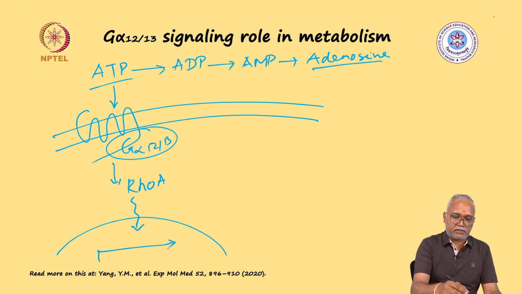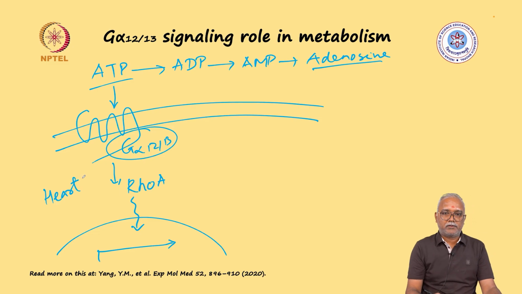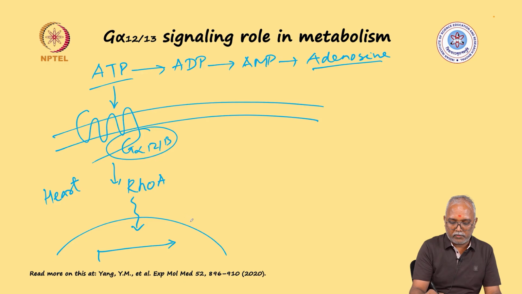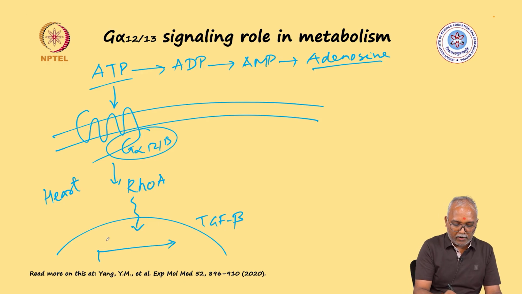Basically in this case where we are discussing ATP as a ligand and this pathway is activated, consider the heart muscle cells where this is getting activated, where you will see molecules like TGF beta are activated. They are made to mediate a fibrogenic response.